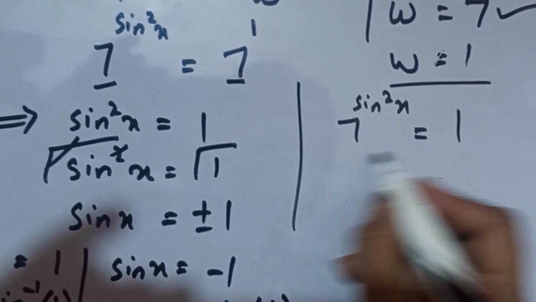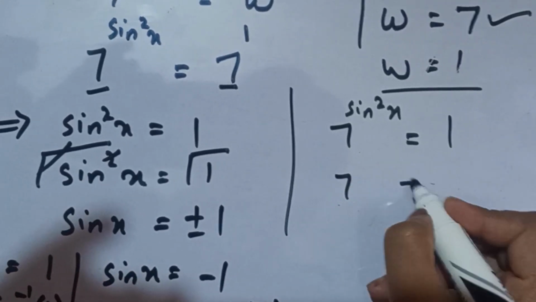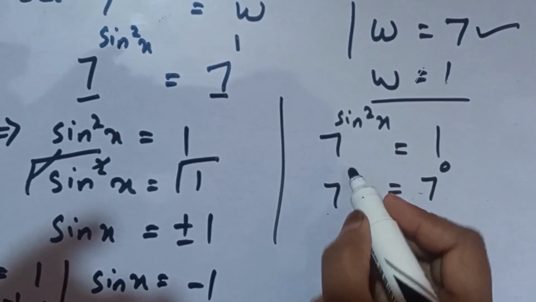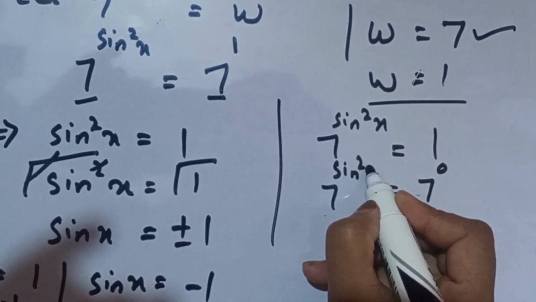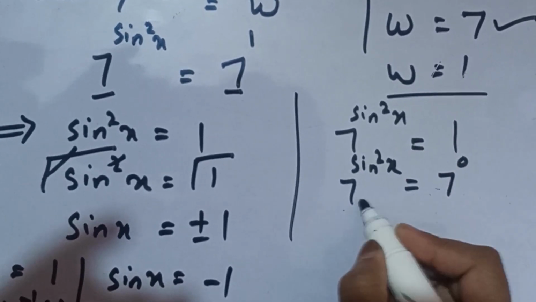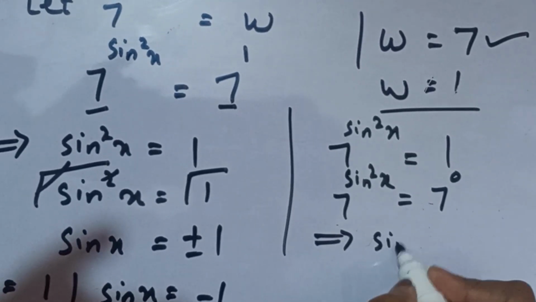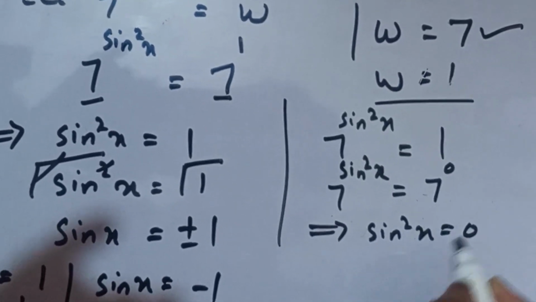So in the next step we write this side as 7 raised to the power 0, which is also equal to 1, and we copy the left hand side. Now in this case the base is the same, so we can compare their exponents. So this implies sine square x is equal to 0.